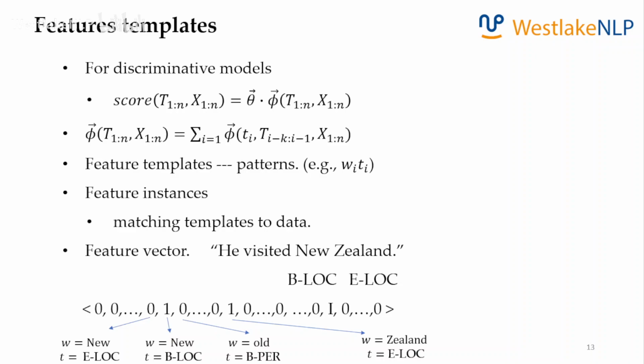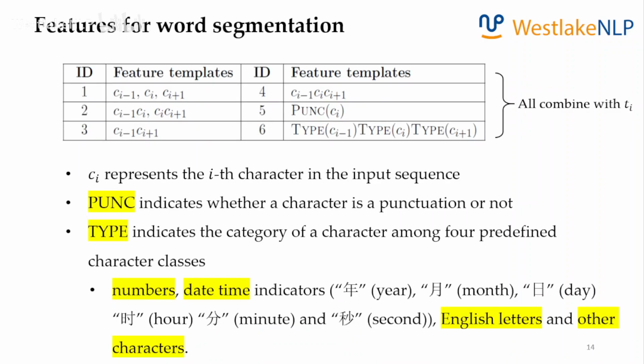Now with this understanding, maybe we can take a brief look at what kind of feature templates we can define for the three sequence segmentation tasks. Let's first look at word segmentation. For word segmentation, you have a lot of input patterns, which are combined with the output label. Maybe you have character unigrams.